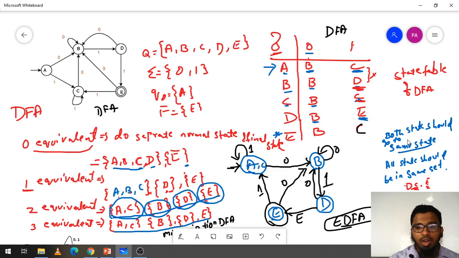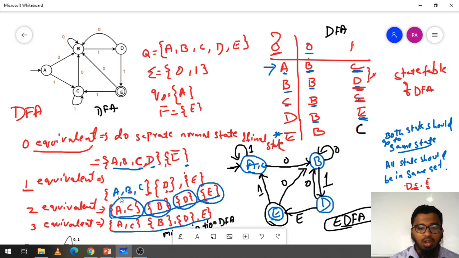How do we find it? First, both states should go to the same state. For example, take A and B. A on 0 goes to B, and B on 0 goes to B. They are the same. Next, all should be in the same set.